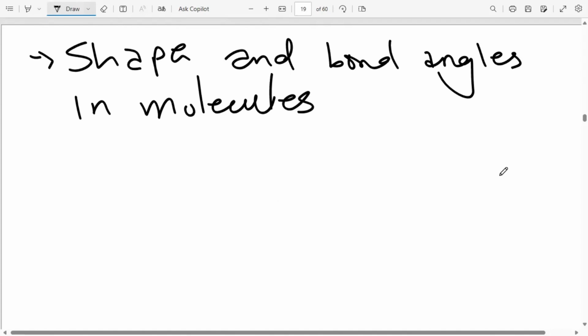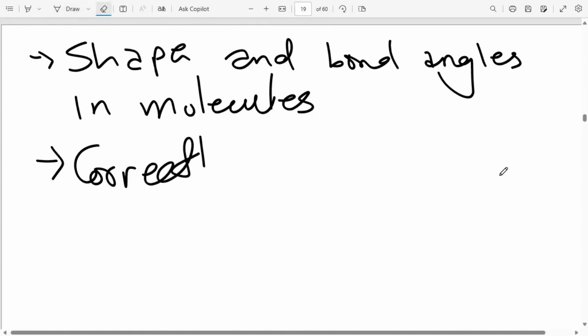So you can actually explain the shape and bond angles in molecules using the principles of hybridization, because this is going to enable atoms to form stable bonds with correct geometry.